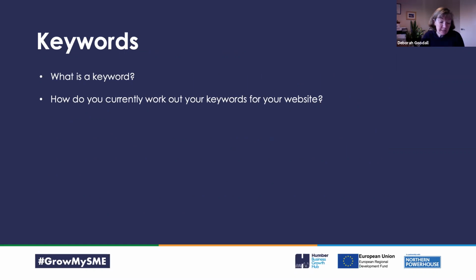A keyword is the word that describes the content on your page best, and it's the search term that you want to rank for. But what I really want to ask you guys is, how do you currently work out the keywords for your website? I think you're all able to speak to me, so we'll have to do it the old-fashioned way, by talking to each other. How do you currently work out the keywords for your website?